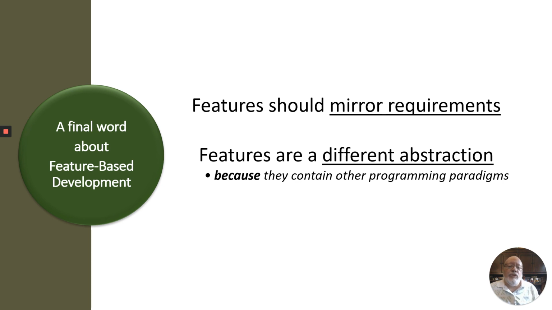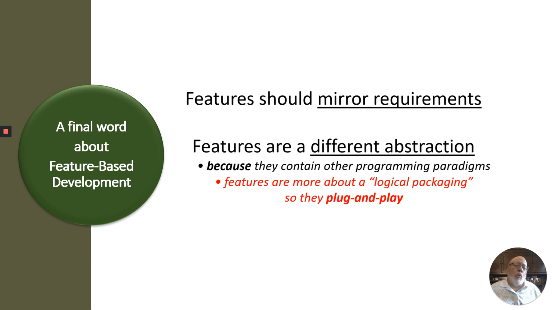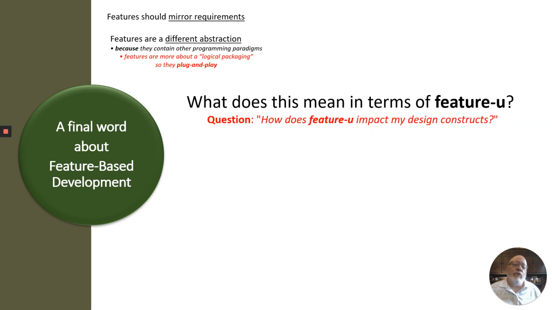And the reason for that is your code has to implement these other paradigms. So if you've decided that you're going to use functional programming as an example, it's up to your code to implement that, regardless of whether you've organized your project by features or not. So if you really think about it, features are more of a logical packaging with the ultimate goal that they plug and play.